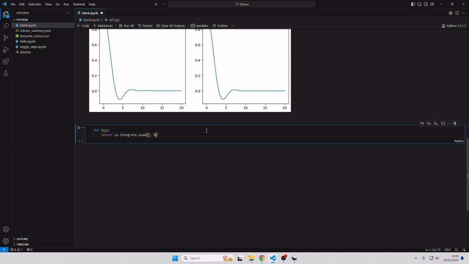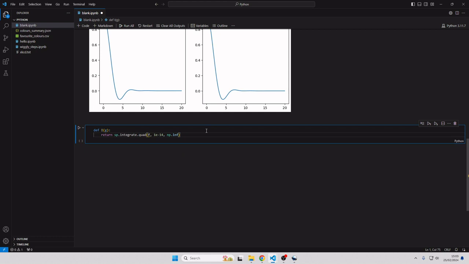And I'm going to start at 0. Well, actually, we'll start at 10 to the minus 14, just to deal with the fact that some of our functions aren't actually defined at 0. So 10 to the minus 14 is about the smallest we can deal with. And then we're going to go all the way to infinity.